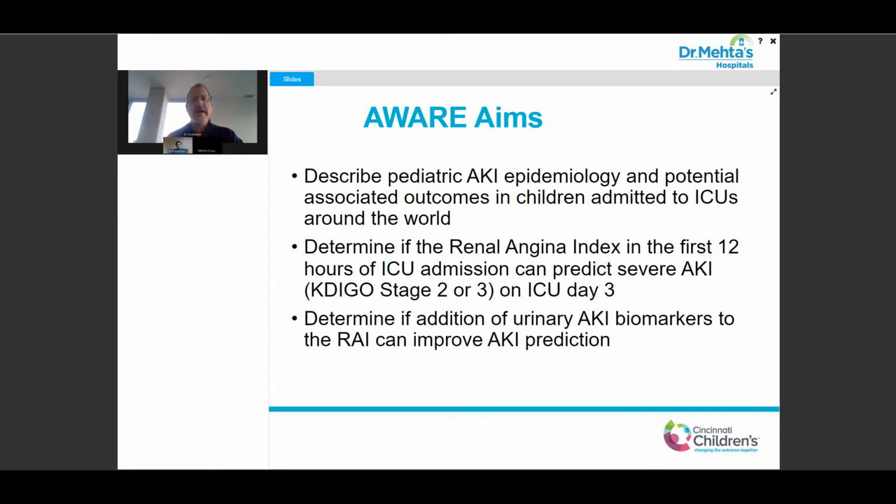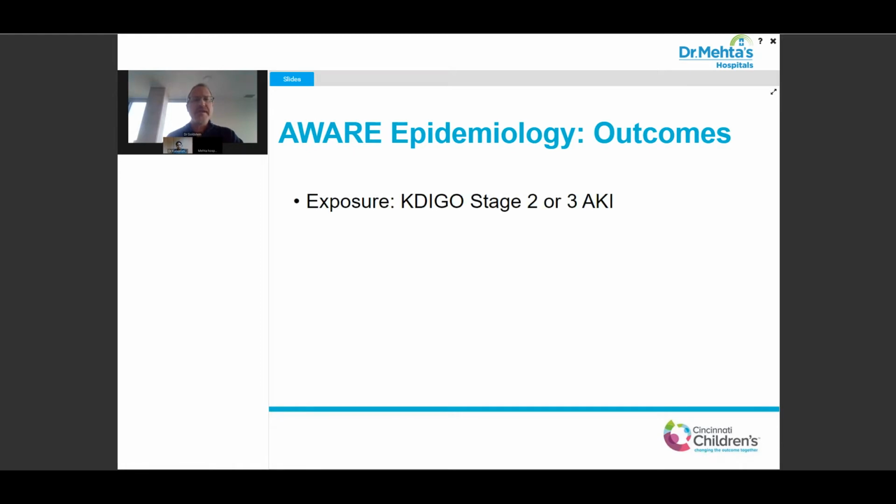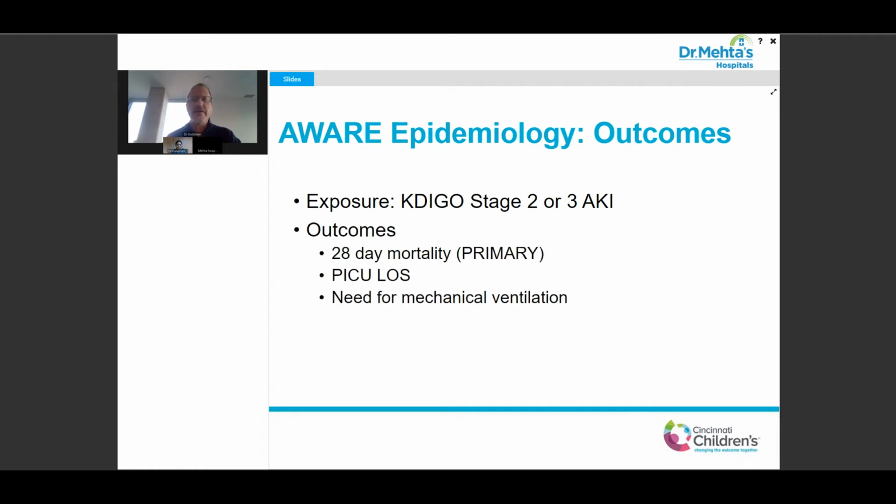So the outcomes: the exposure was KDIGO stage 2 or 3 AKI. As I've mentioned, all previous data showed the associations with stage 2 and 3 versus 1 or no AKI. And we used either the urine output criteria or the creatinine criteria, and we're among the first to do that.